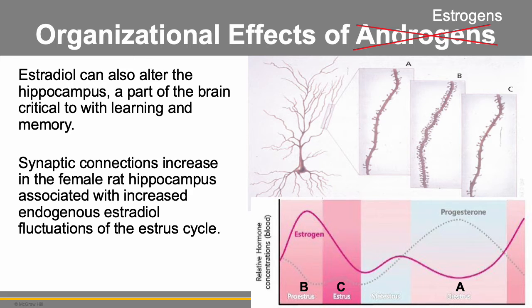This right here is an example in rodents, in rat hippocampus. Female rats go through an estrus cycle. This is their cycle associated with ovulation, reproduction.